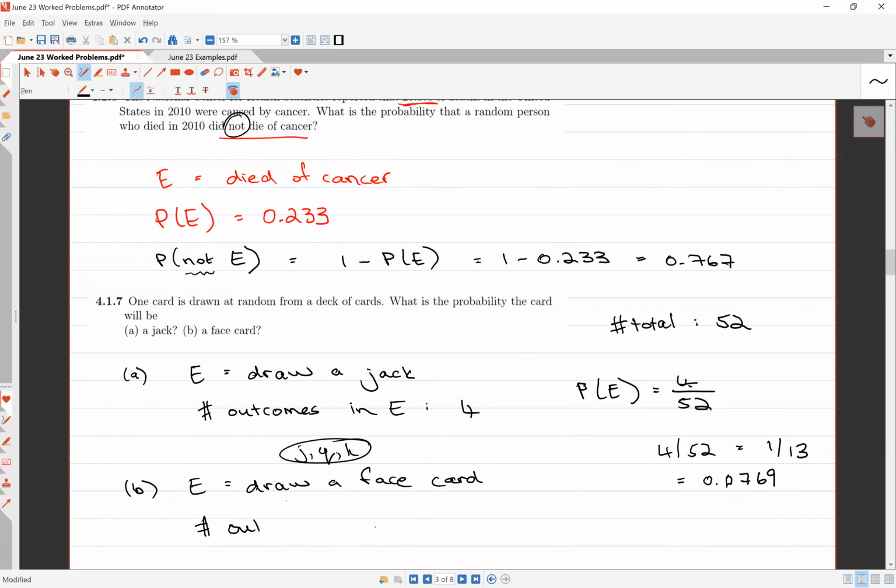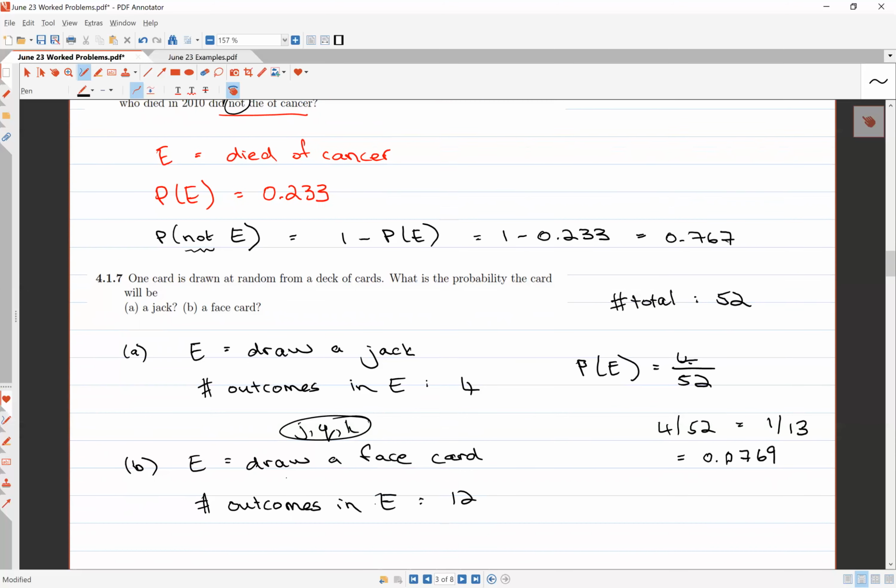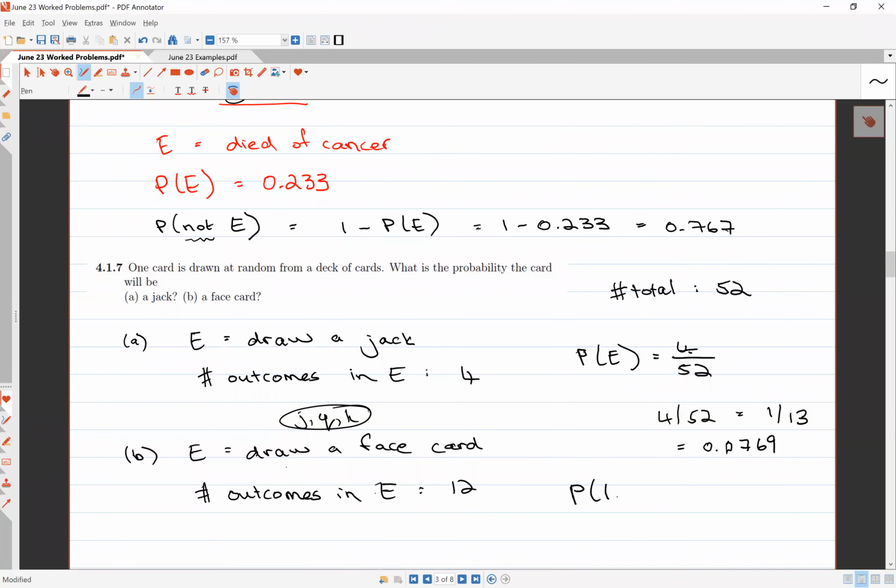So the number of possible cards that we could draw that would show us a face card would be 12. And so in this case, the probability of the event E is 12 over 52. And let's just write that as a decimal. That would be, rounded to 4 decimals, 0.2308.